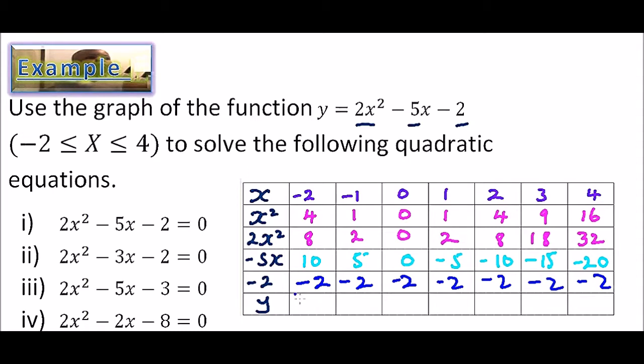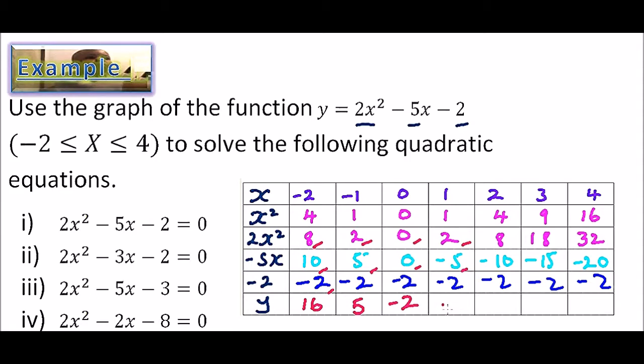Then we compute our y. We start from where we have our 2x squared. So this is 8 plus 10 is 18. 18 minus 2, you get 16. This is 2 plus 5 is 7. Minus 2, you get 5. 0 plus 0 is 0. Minus 2, we get minus 2. 2 minus 5 is minus 3.